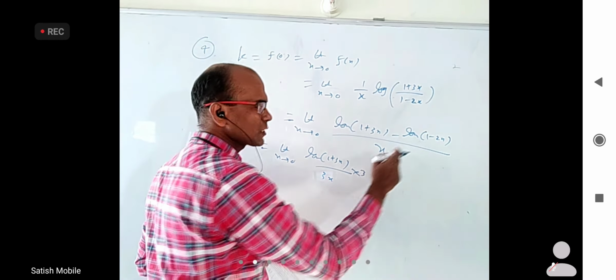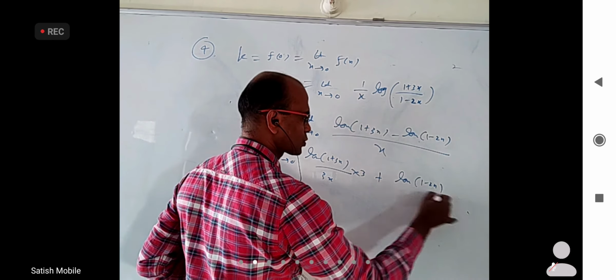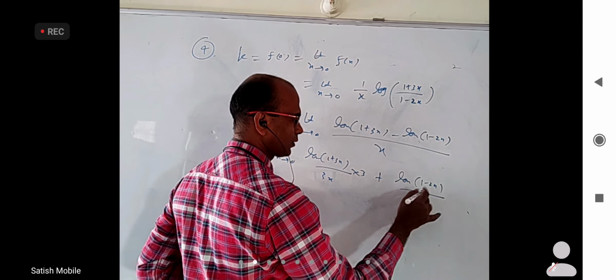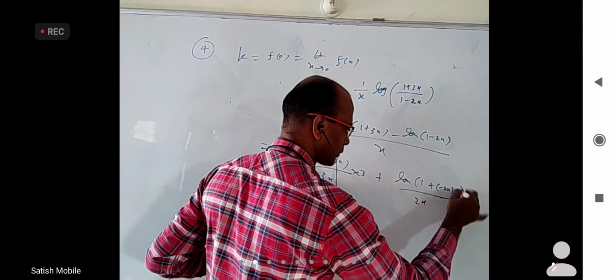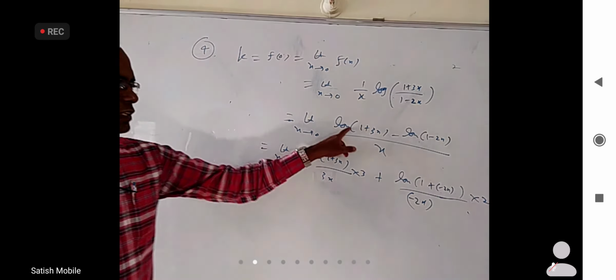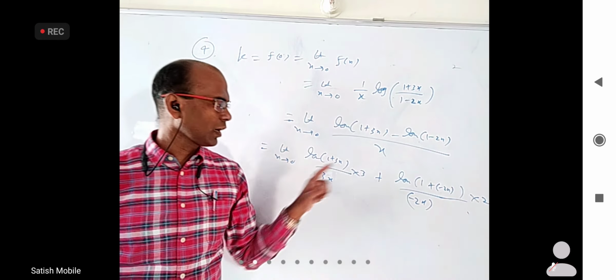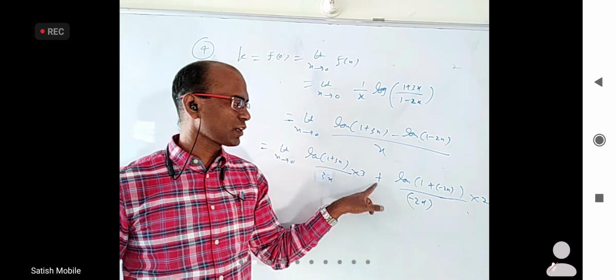Plus log 1 plus minus 2x by minus 2x into 2. Here I multiplied and divided by 3, here I multiplied and divided by minus 2. That's how that minus went in and became plus.